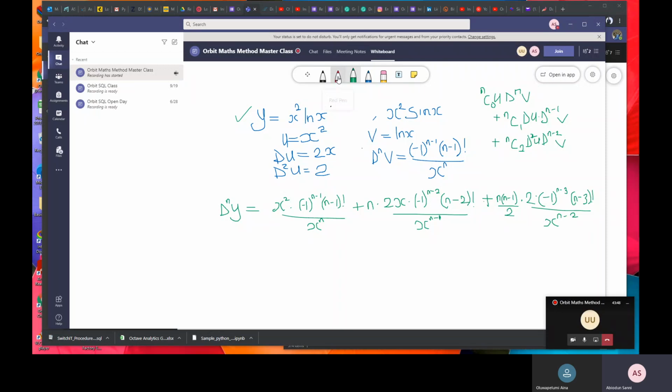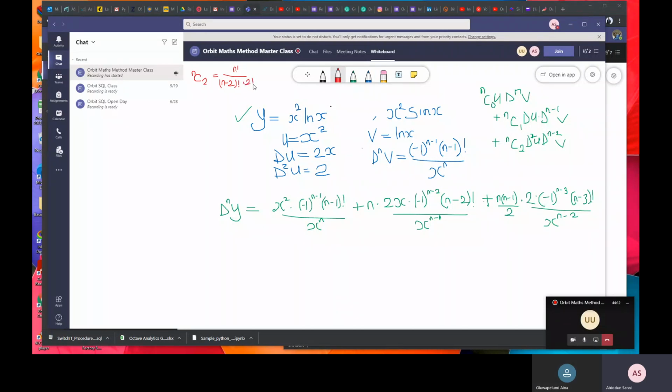Okay, now you remember that n combination 2 is the same thing as what? n factorial all over n minus 2 factorial times 2 factorial.